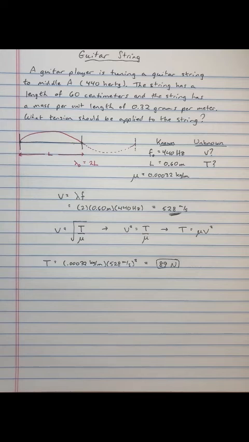If you actually pluck a string in this situation, you will not only hear the 440 hertz. This will actually be a blend of several different wavelengths and frequencies together to give you that characteristic sound that an individual guitar string might make. So just be on the lookout. If you try playing a guitar string, you don't get just one note or one pitch out of it. You get many blended together. With all that being said, that's the tension that you would come up with.